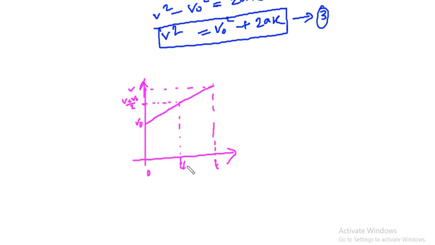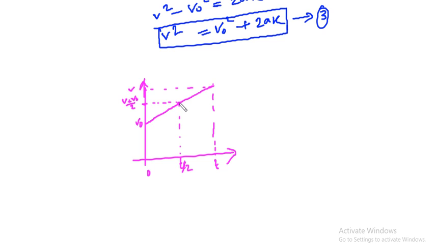It will be t by 2. Why? Because it is a straight line and it is constant. It's a straight line. So if you take the middle of this, you will get the middle of this gap, isn't it? Use your common sense and you will feel that. We can prove it, but we don't need to prove it here. You can just intuitively understand it. If I take the middle of this, you will get the middle of that.